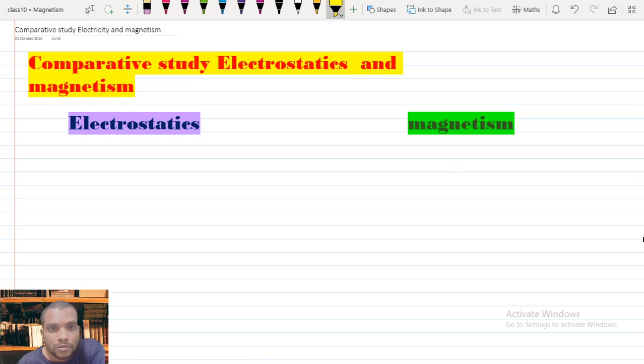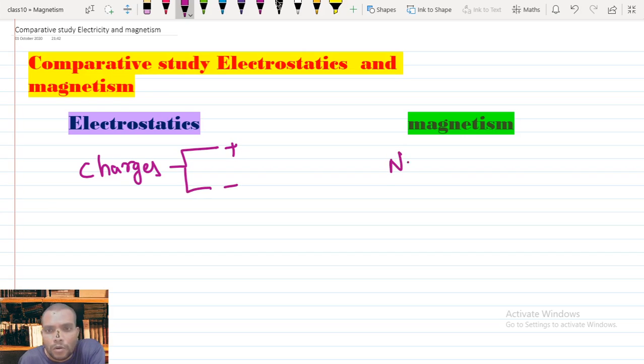Let's try to do some comparative study between electrostatics and magnetism. So in electrostatics, we are having charges. These charges are positive and negative. But in magnetism, no monopoles.